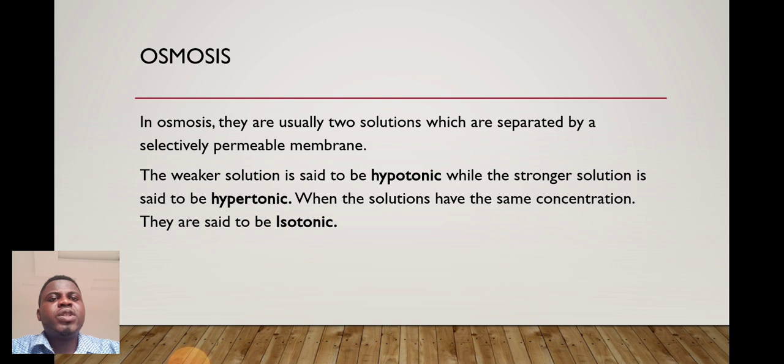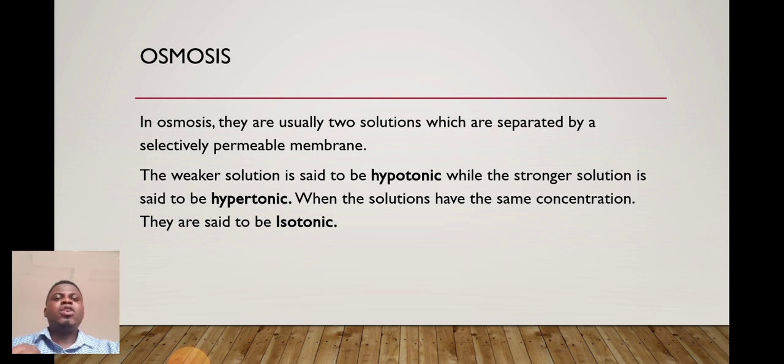The weaker solution is said to be a hypotonic solution. The moment you hear hypotonic, it means that the cell is surrounded by a low concentration. The stronger solution is said to be hypertonic. Whenever a cell is surrounded by a stronger concentration, it means the solution is hypertonic.